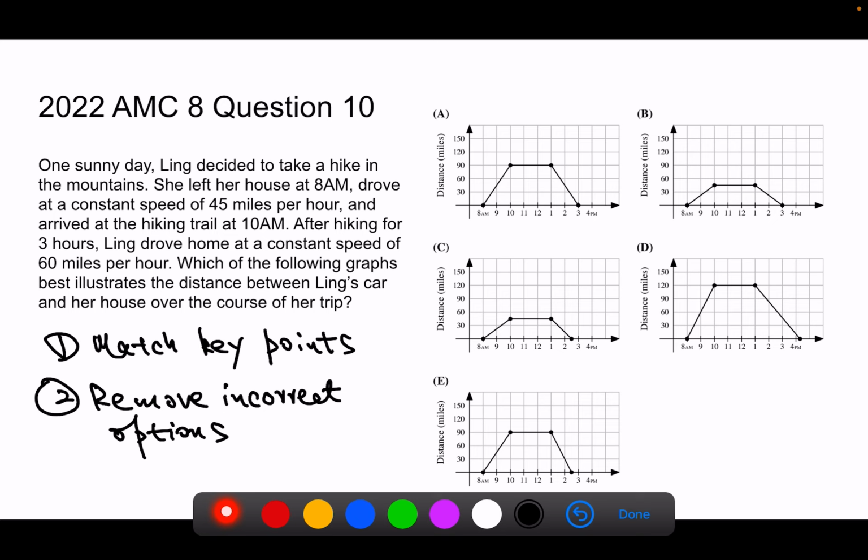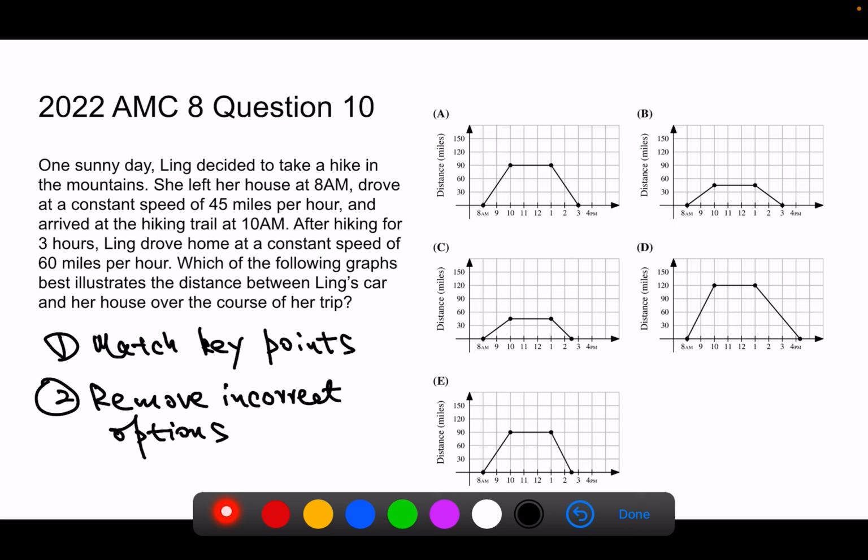Let's see, what's the first key point you want to keep in your mind? You look at A, B, C, D, you'll find each of them is talking about the car moving for 2 hours, and the car not moving for 3 hours, and then the car coming back.